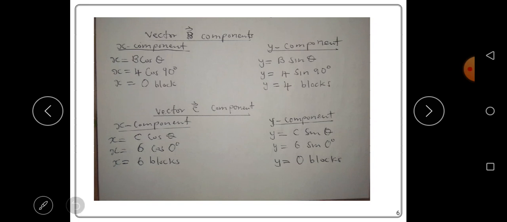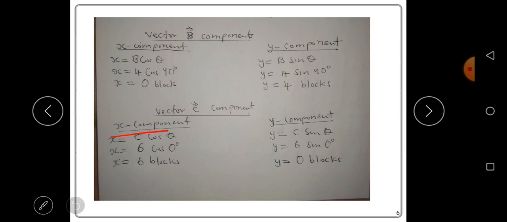Then to find the y component, we use this formula: y is equal to B sine theta. B is the magnitude of the vector, which is 4, and our angle theta is 90. When we punch that on the calculator, it gives us 4 blocks.